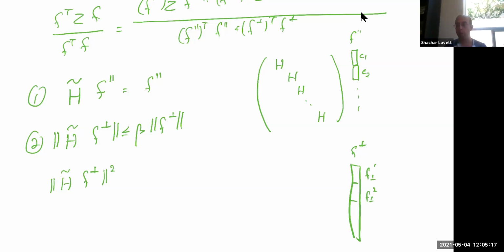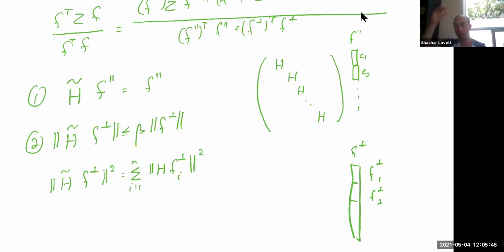Well, because this is a block by block thing, this is just a sum of H F perpendicular i squared, I from 1 to n. Oh, I put the perpendicular in the wrong place earlier. Sorry.